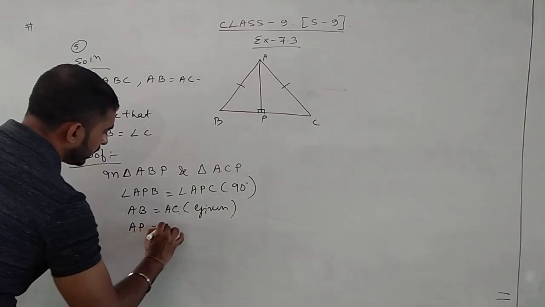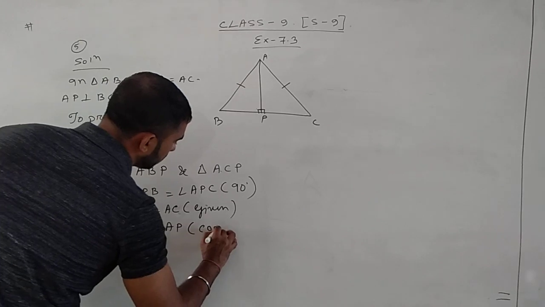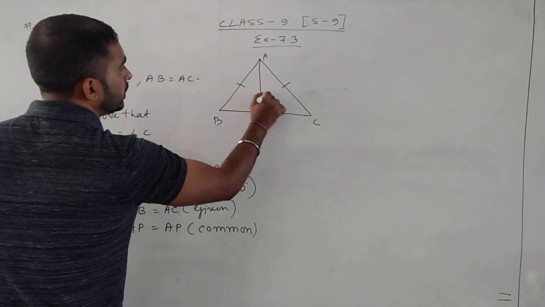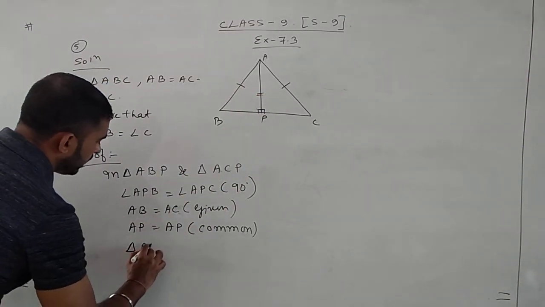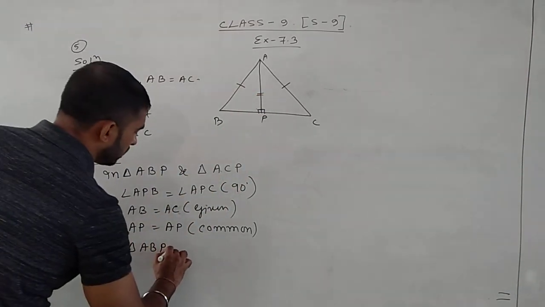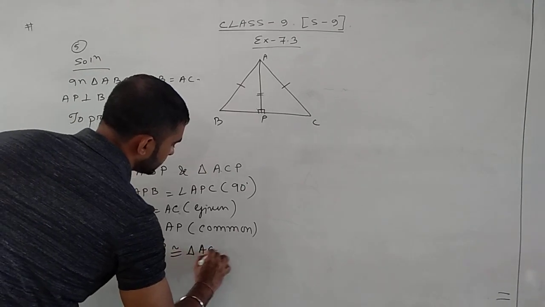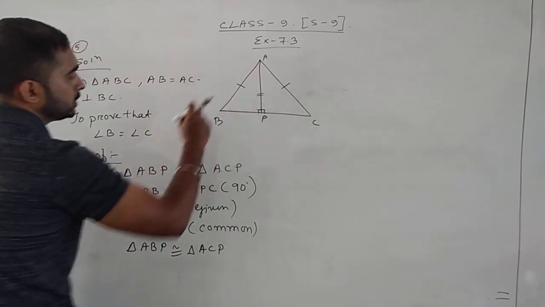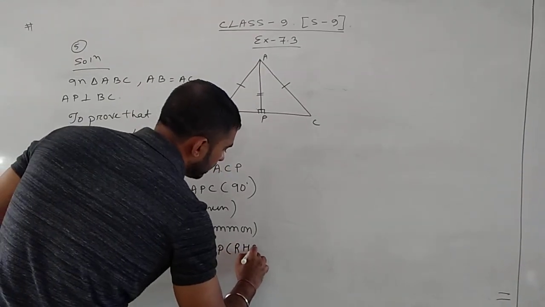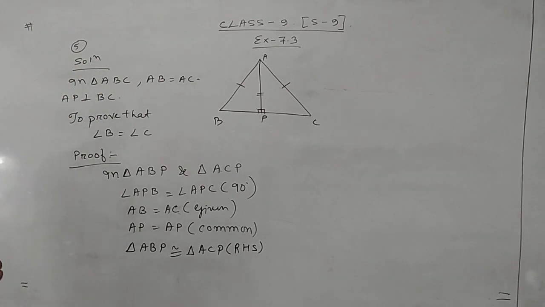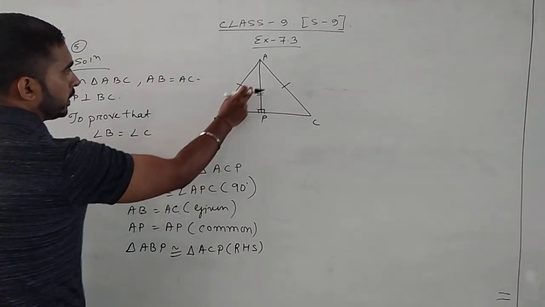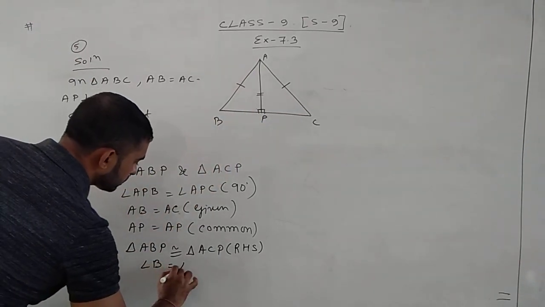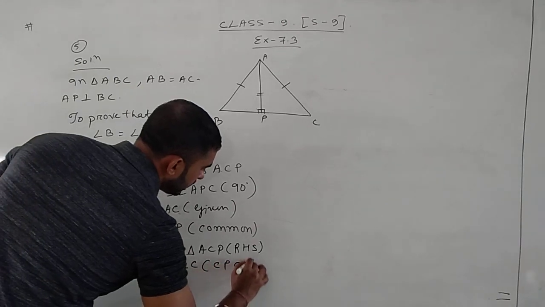Then AP equals AP, which is common in both the triangles. So triangle ABP is congruent to triangle ACP by right angle, hypotenuse, side, RHS. If these two triangles are congruent, then we can say that angle B equals angle C.